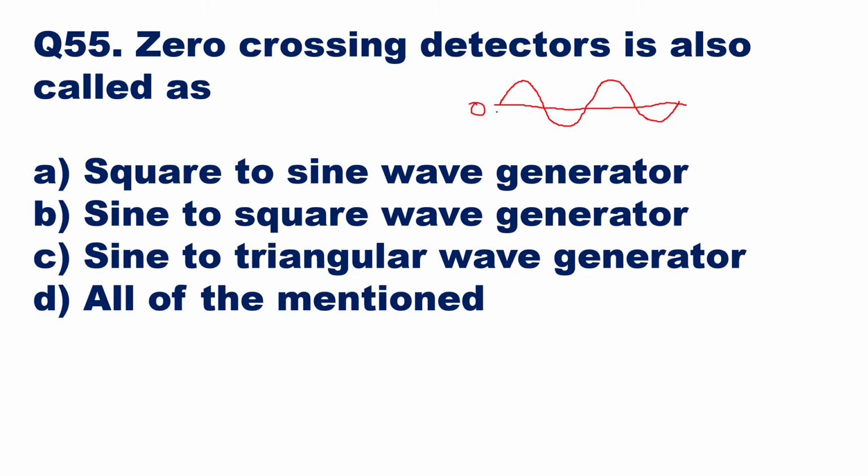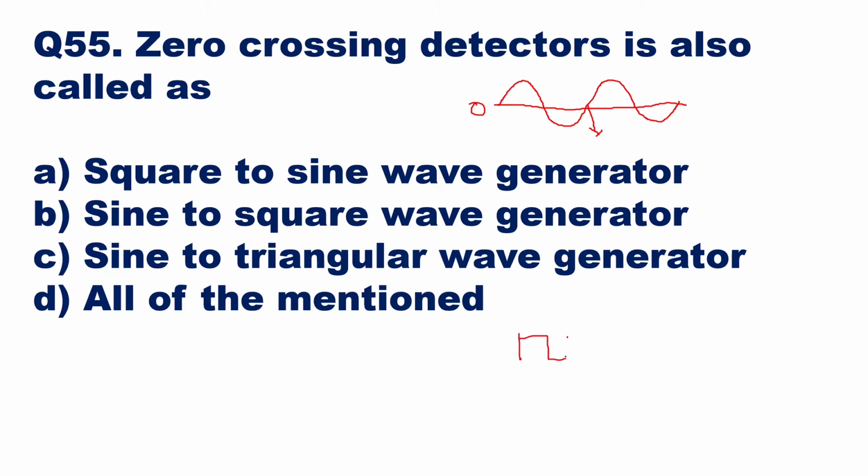Whenever the input crosses zero, the output is going to change its state. The output will be like a square wave or pulse waveform, so the input will be converted to an output like this.